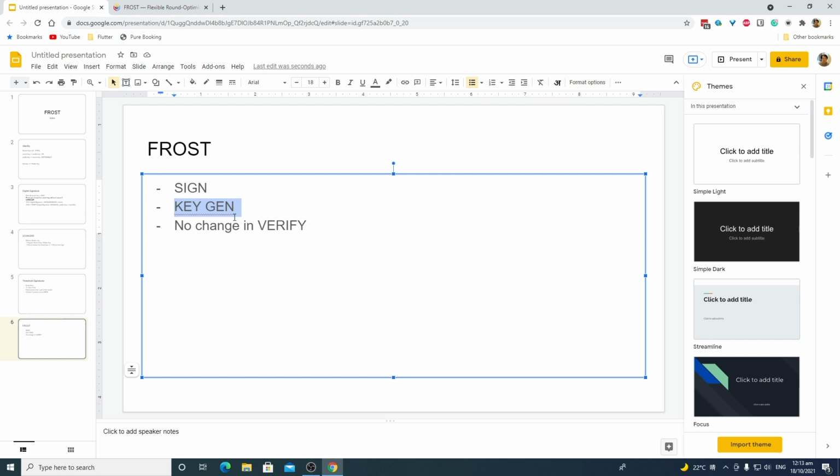So that's the part where Frost affects signing, but it also affects key generation. Right. So why does it affect key generation? When we think about it, it's fairly obvious. If the key generation was not affected by Frost, it would mean that one person is able to generate the public key, and well, it could be desirable.